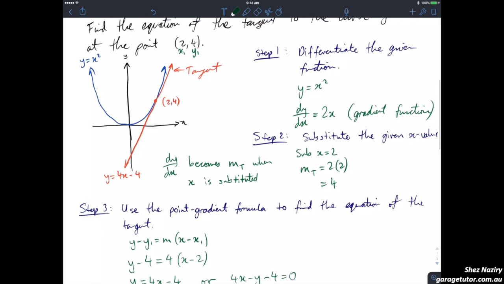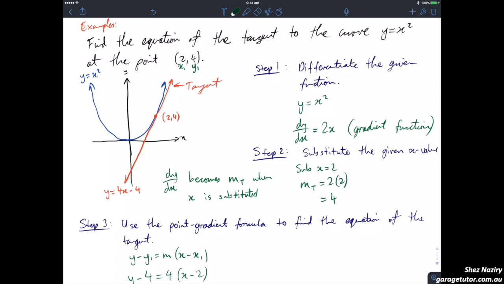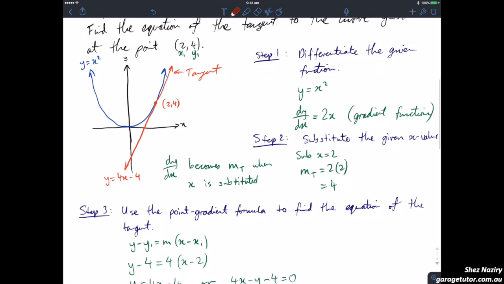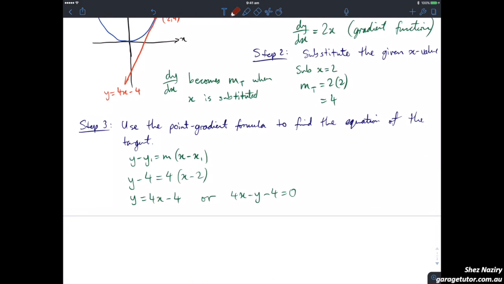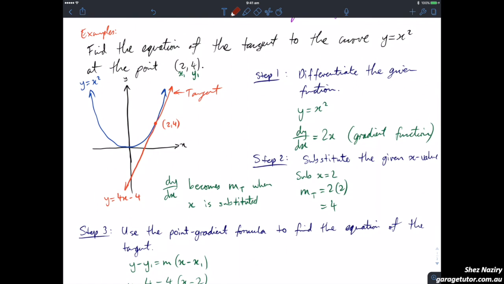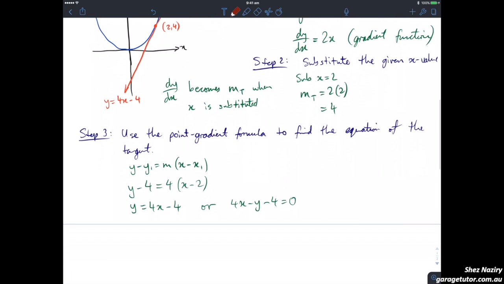Let's try another question. This time I'm not going to give you the complete point. I'm going to give you just the x value. Okay? So that was example 1. I'll give you example 2 now.